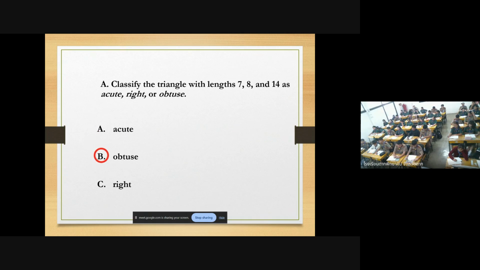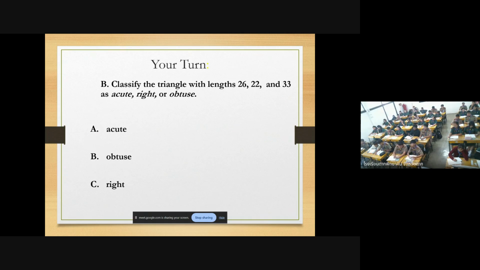All right. How about this? This is the last question before the activity. A, B, or C?